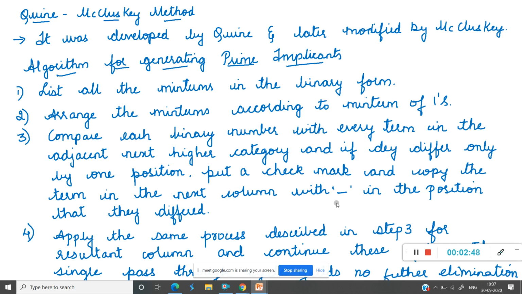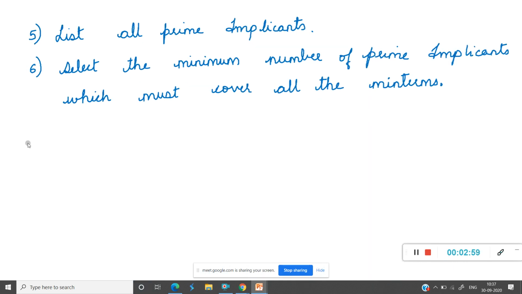Apply the same process described in step 3 to the resultant column and continue this until there is no further elimination. Next step is to list all the prime implicants. Next, select the minimum number of prime implicants which must cover all the minterms.